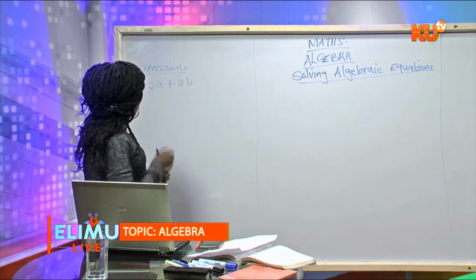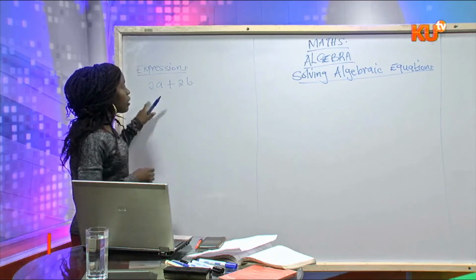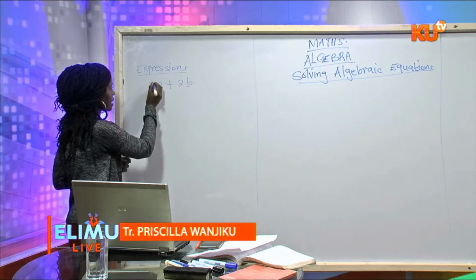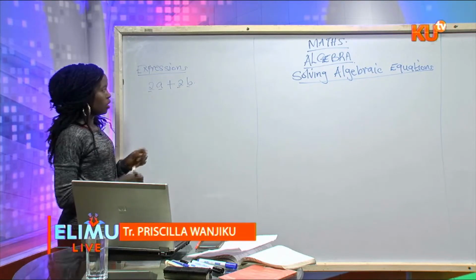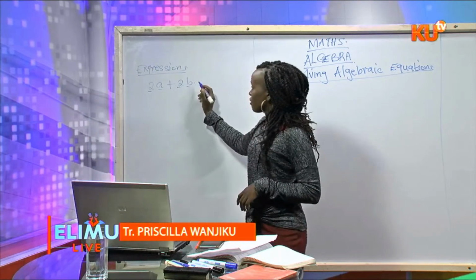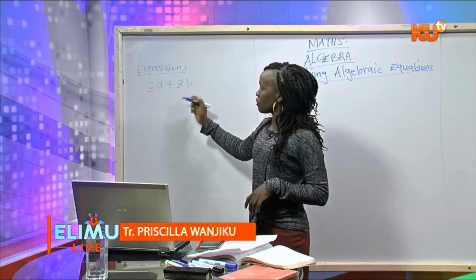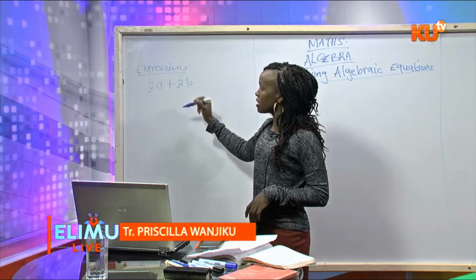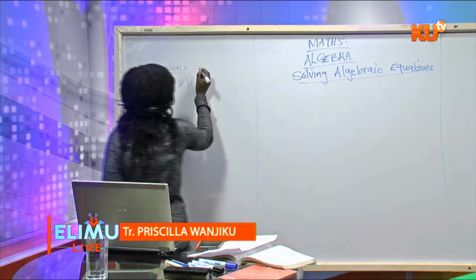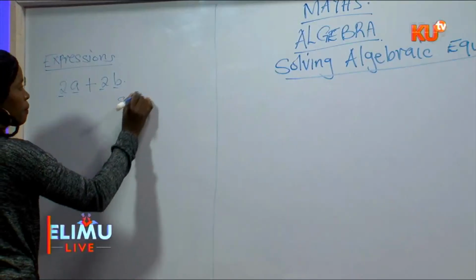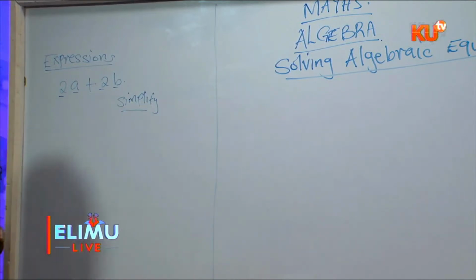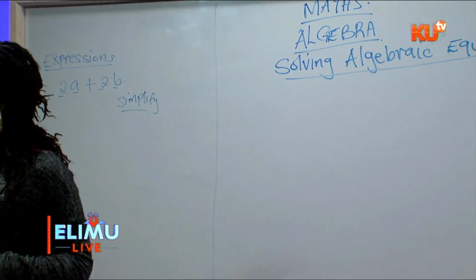This is an algebraic expression. It has letters and it has numbers. An algebraic expression does not have the equal sign. Because it doesn't have an equal sign, it means we cannot solve it. We can only simplify. So algebraic expressions are not solved, they are only simplified.